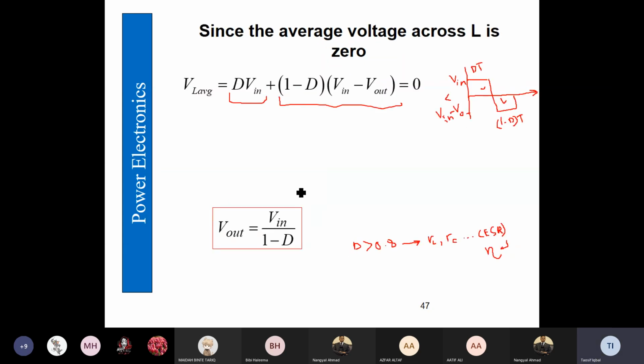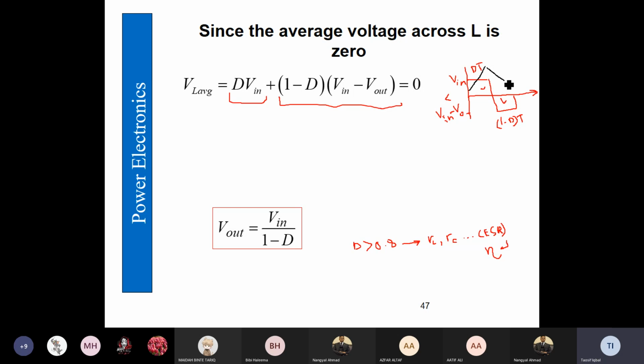So now let's get the average voltage across the inductor, and that should be 0. What happens is when the inductor current is getting charged, its current rises, and therefore di by dt of that is a constant line. Then when it is discharging, the slope is negative, acting as a ramp.